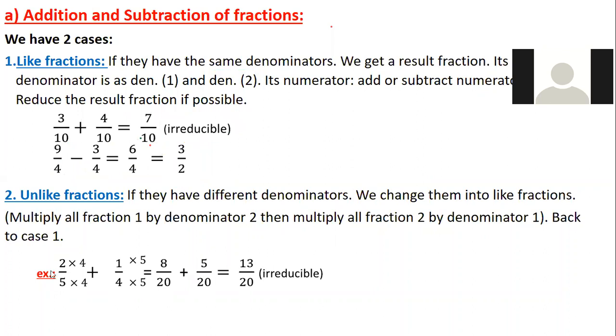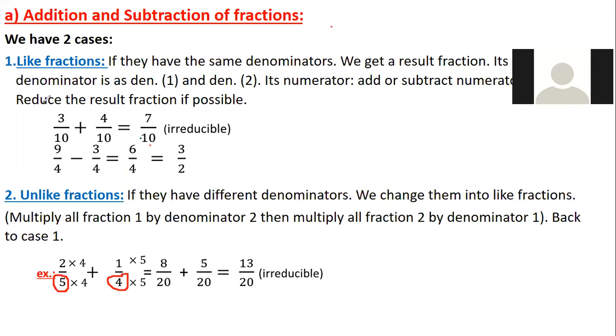Suppose I looked at my fractions and I found them unlike fractions. What do we mean by unlike fractions? 2/5 plus 1/4. The first denominator is 5. The second denominator is 4. Are the denominators the same?